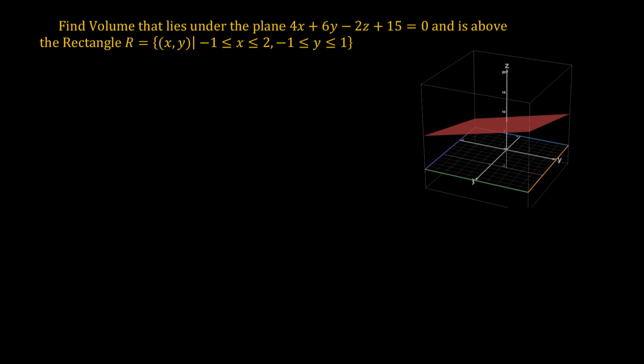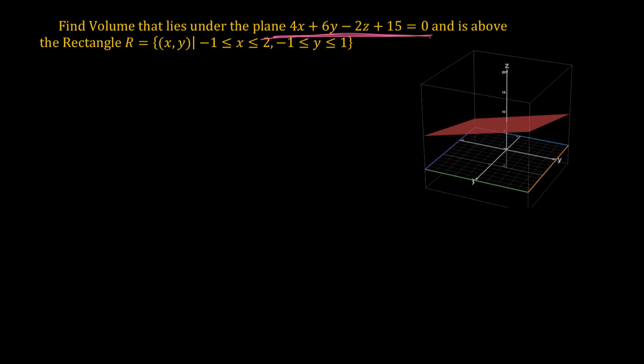So let's start. As you know, when we want to find the volume under any surface, first we have to find usually the given equation for z, because we want to have equation in the form of z equals f of x and y. So the first thing here we have to do is to solve this given equation for z.